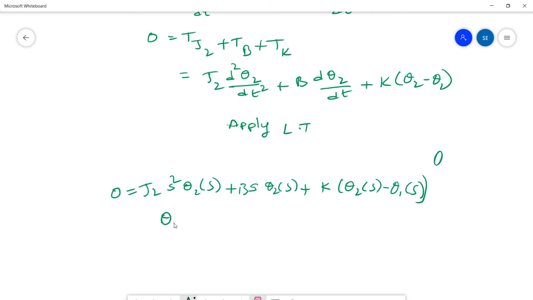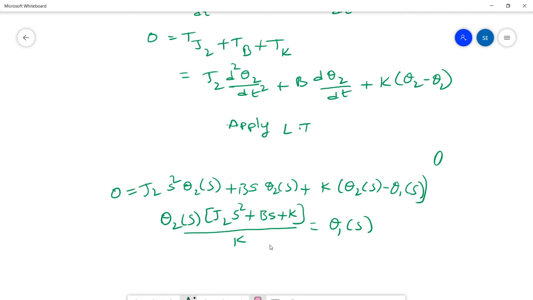Now we segregate and write in terms of theta 2 and theta 1 separately: theta 2 of s into J2 s square plus B s plus K, equal to K into theta 1 of s.